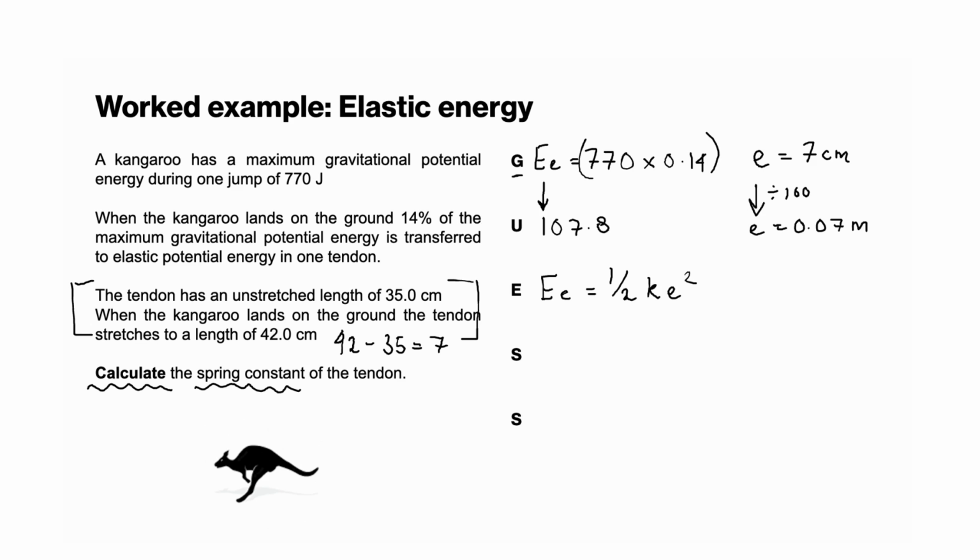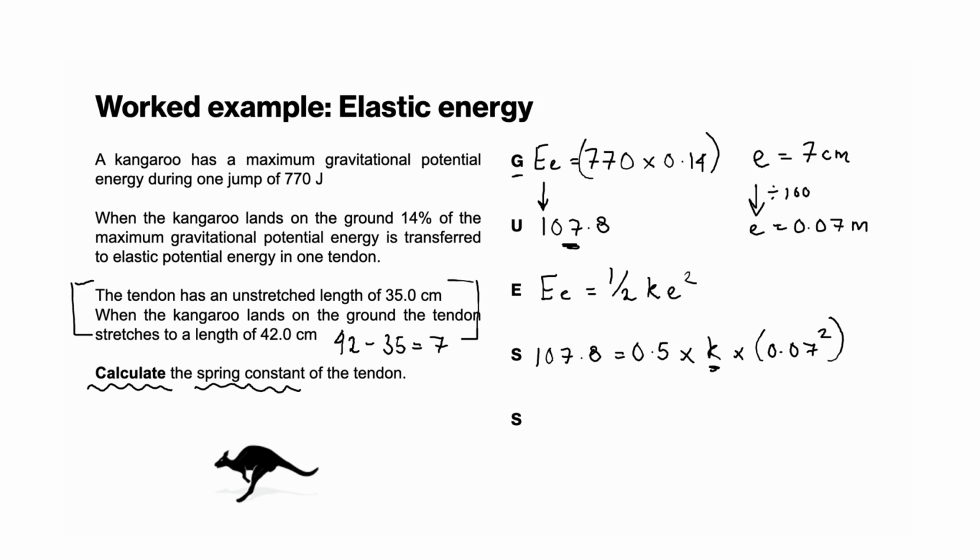Let's substitute into our equation now. So I've got my energy, 107.8 equals, instead of the half, let's put the decimal, 0.5 times the unknown k times 0.07 squared.